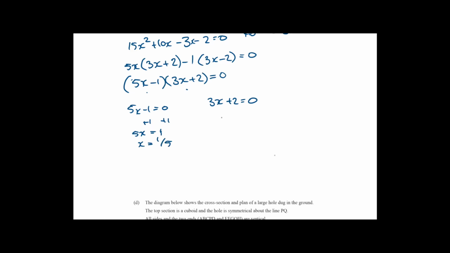And for this one here, we're going to take 2 away from both sides and divide both sides by 3. So x is going to be equal to negative 2/3. So our answer is 1/5 and negative 2/3.